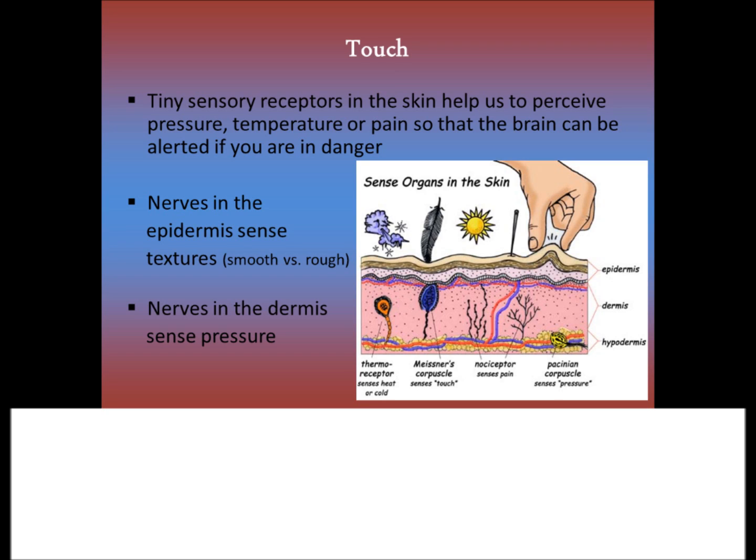So these nerves lie within this surface in order to detect what kind of surface you are touching. The innermost layer of the skin is known as the dermis, and nerves in the dermis sense pressure. So you could see here that sense organs in the skin are basically the sensory receptors that will help you to detect pressure, temperature, or pain.